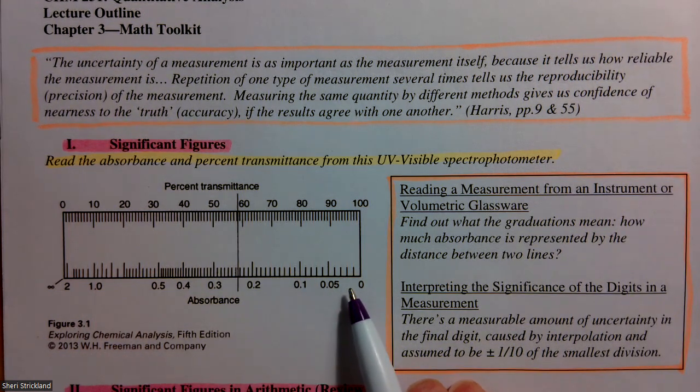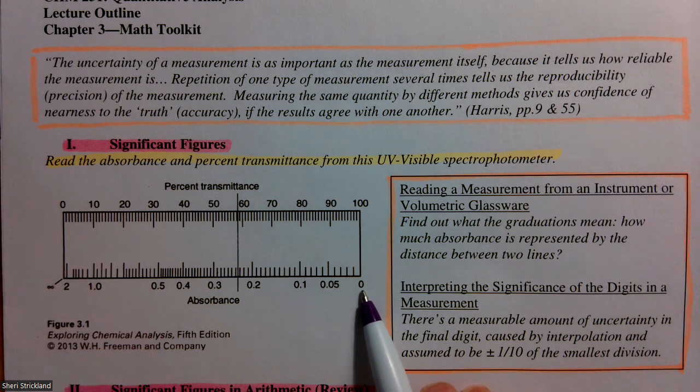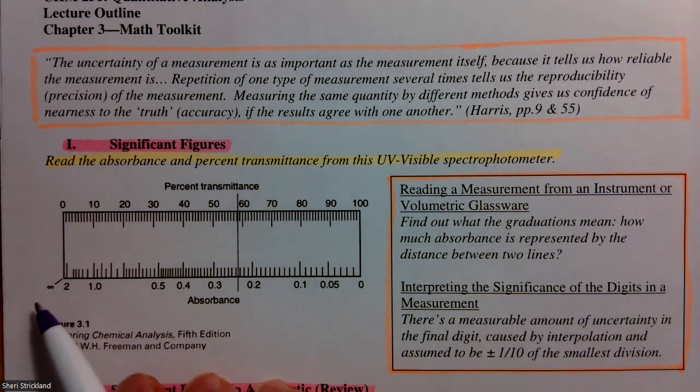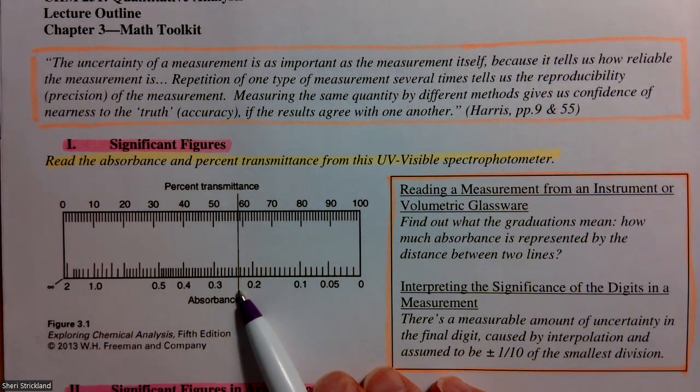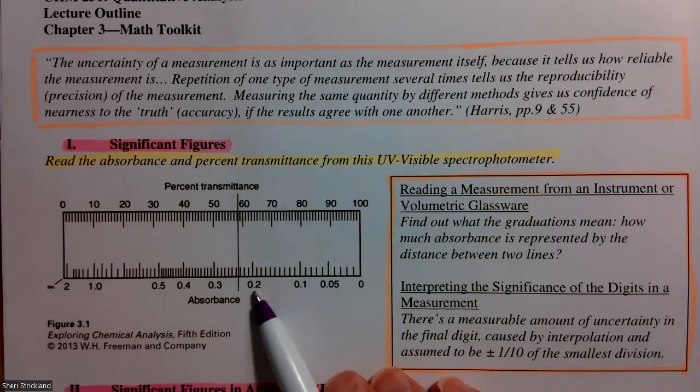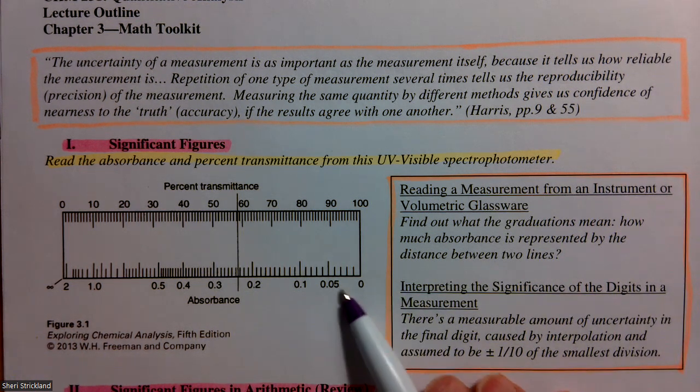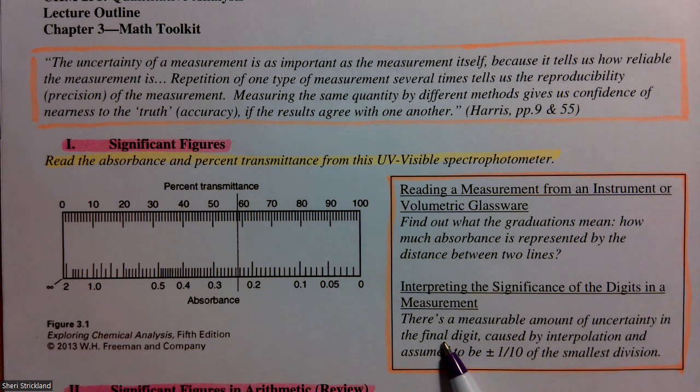Now, when you want to read an absorbance, you also need to know, does it increase left to right or right to left? And in this case, it's right to left. And you can see that this measurement is between 0.23 and 0.24. So it's 0.23 something. And so that something is the final significant figure in the measurement.